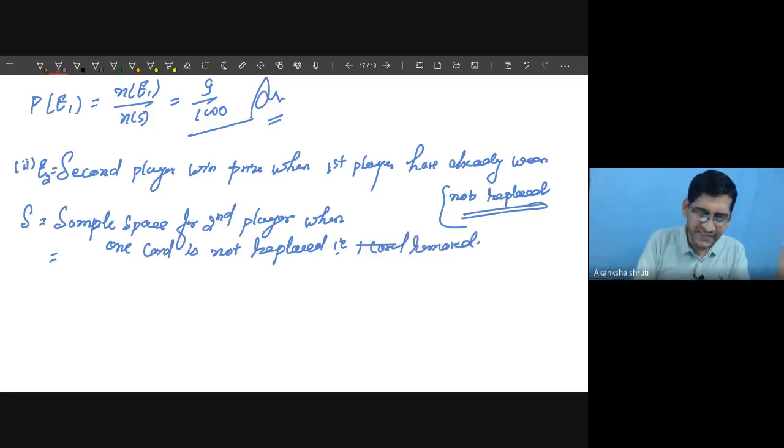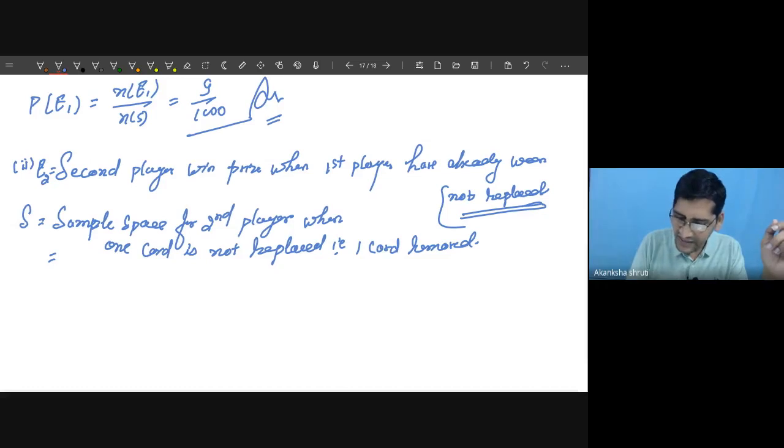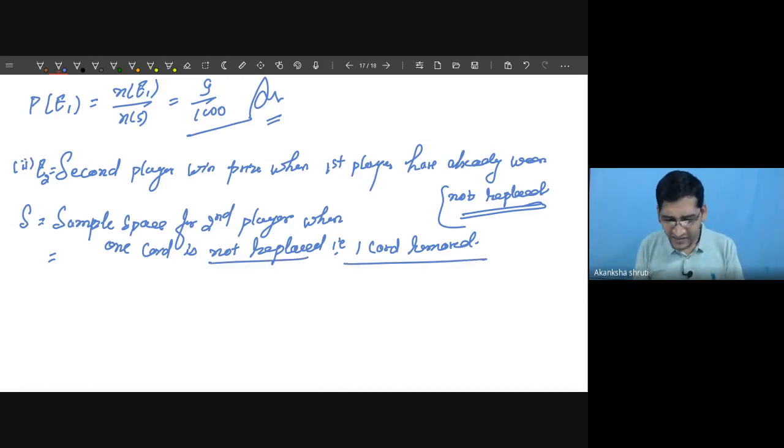If it is replaced, then the sample space will not change. But here one card is removed, not replaced. So for them, we have to write the sample space. You may write this as NS2. It is 1000 minus 1, 999.